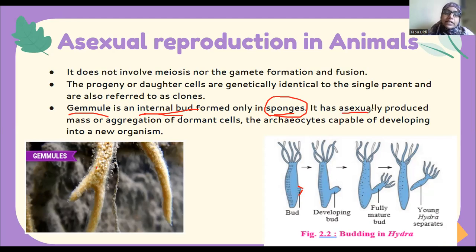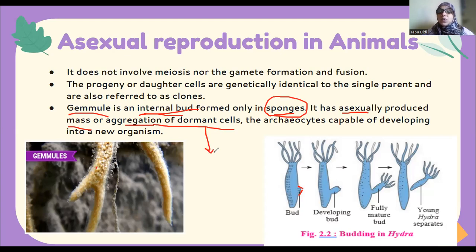So only the parent cell, when it is mature and ready to reproduce, will start producing these buds in clusters, in masses, in huge numbers, or aggregation of dormant cells. They will remain as inactive cells.